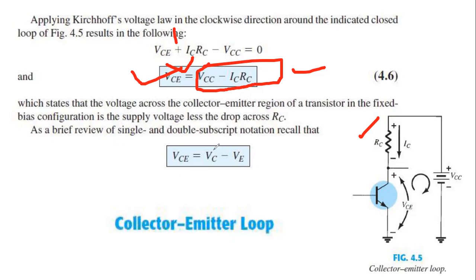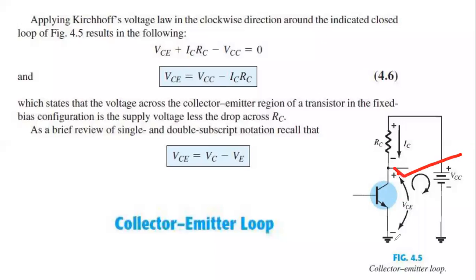Sorry, my student, what I was discussing is the VCE, the output voltage. You can also say that VCE is basically the potential difference between the collector and the emitter. This is the point of VC, the collector voltage, and this is the point of VE.